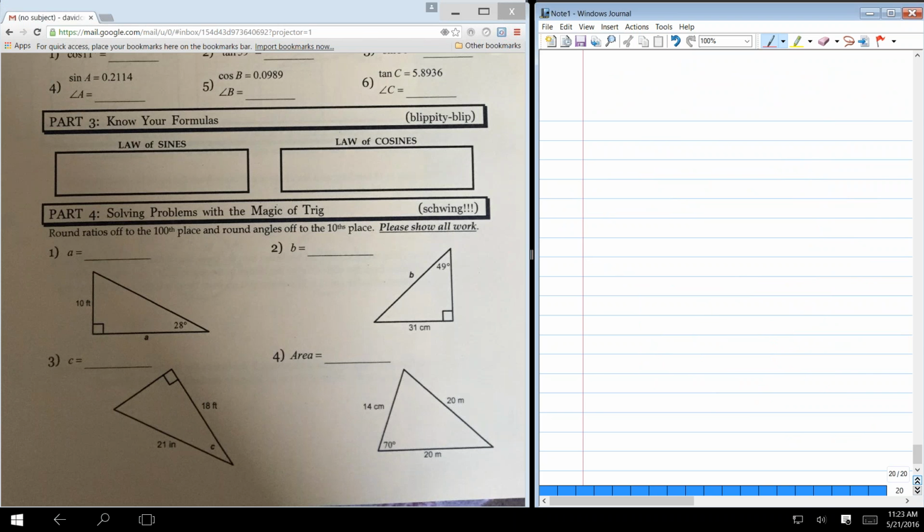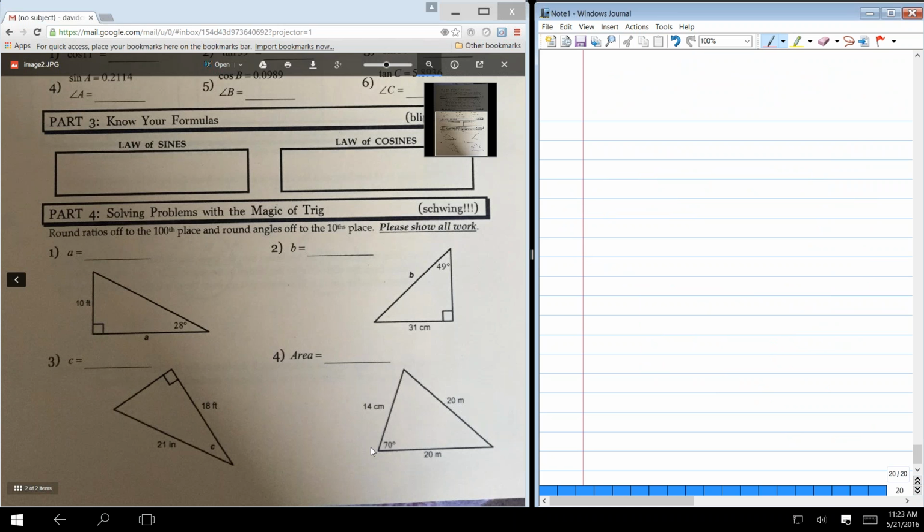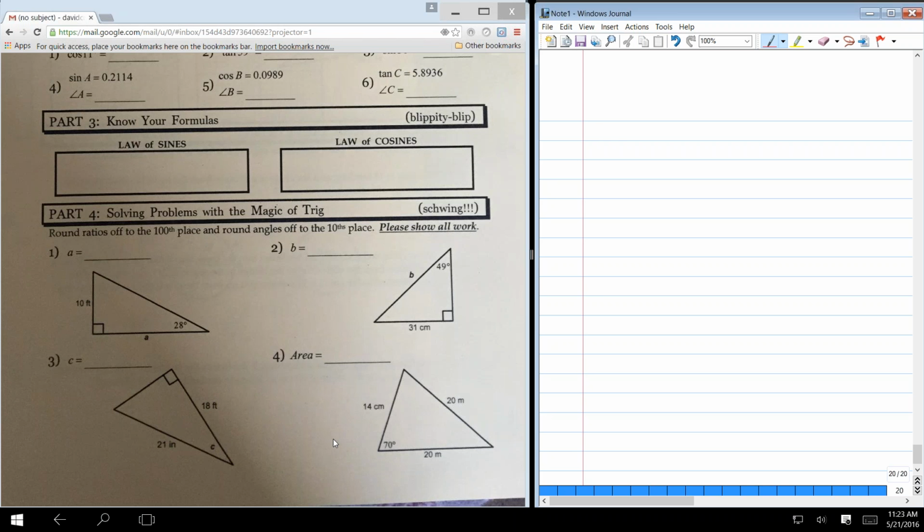Let's go on to at least solving for an angle. So in 3, regarding this angle right here, C, which trig function relates these two sides? That's cosine.